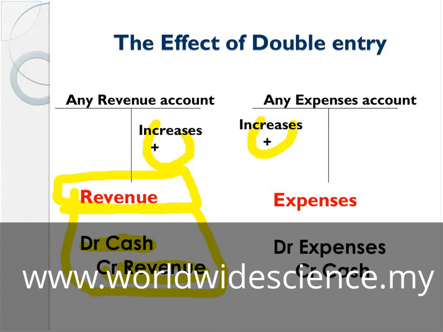This is the same thing. And on the credit side, the cash will decrease because we have to pay some money for utilities, rent, and so on. And these are the double entry rules for revenue and expenses. You should also remember it always remains the same. You have to take it to heart, in your mind, and remember these things.